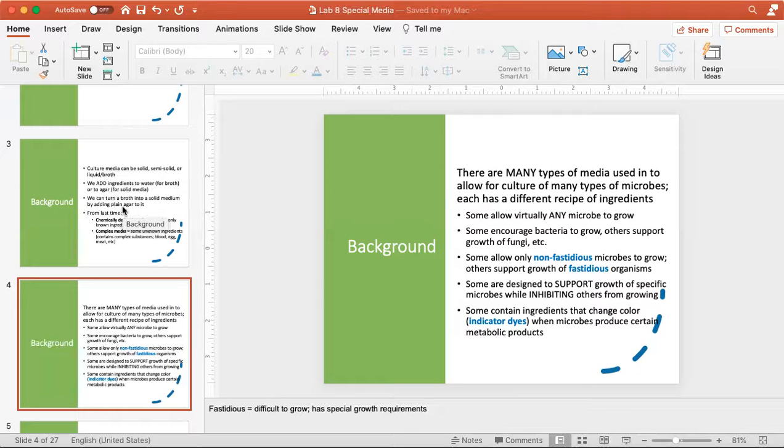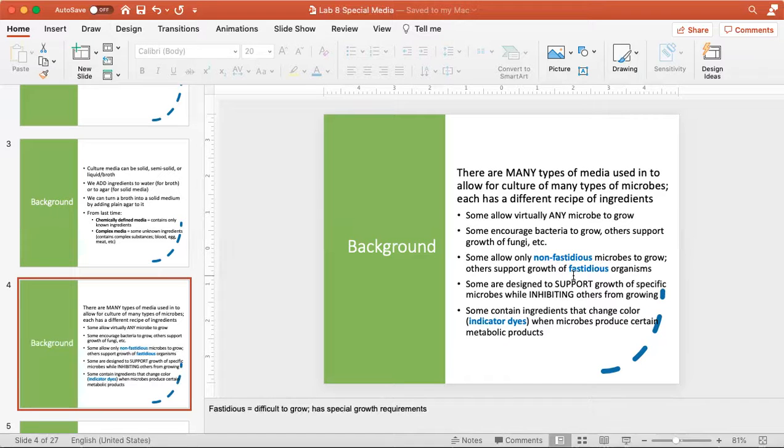Now, there are a long list of microbes that are hard to grow in the laboratory. We give those microbes a name. We call them fastidious. Any microbe that has very particular needs in order to grow them in the lab, we refer to those as fastidious organisms.